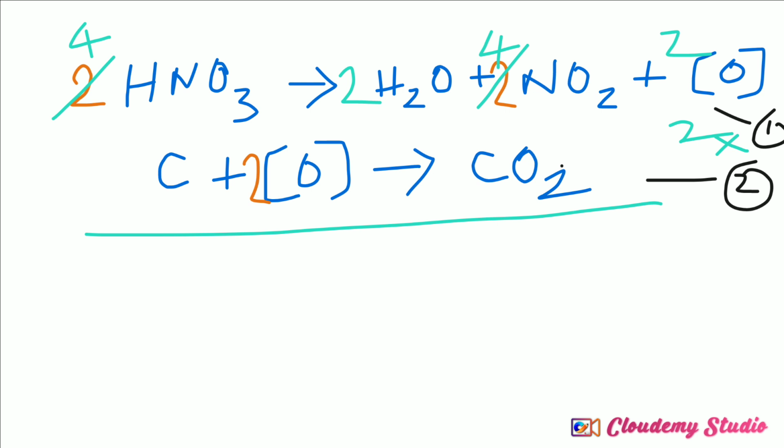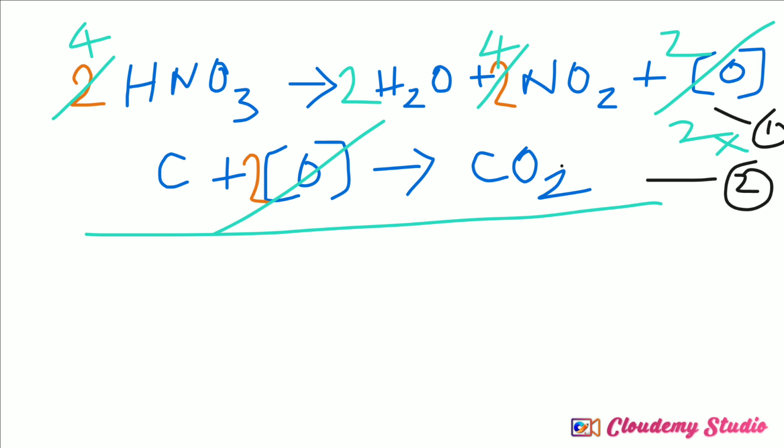In the first step, we have got 2 moles of nascent oxygen at the right hand side. At the second step, 2 moles of nascent oxygen at the reactant side, the left hand side. So it is the same substance, 2 moles of nascent oxygen, but they are on opposite sides, so we can cancel it. The remaining substances we need to write as they are.